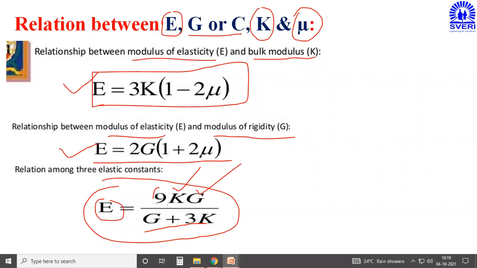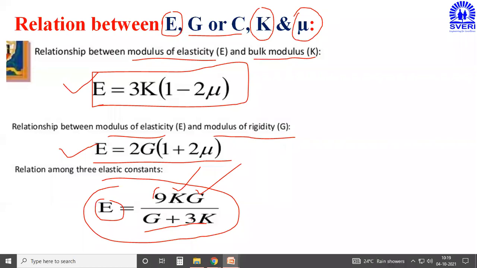Therefore, the last relation represents the relation between all three elastic constants. You can take either form, and these are the three relations we have to use for solving the further numericals.